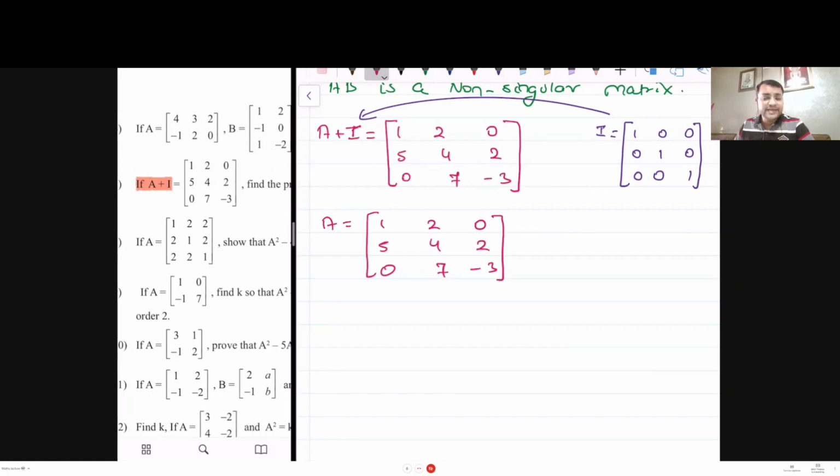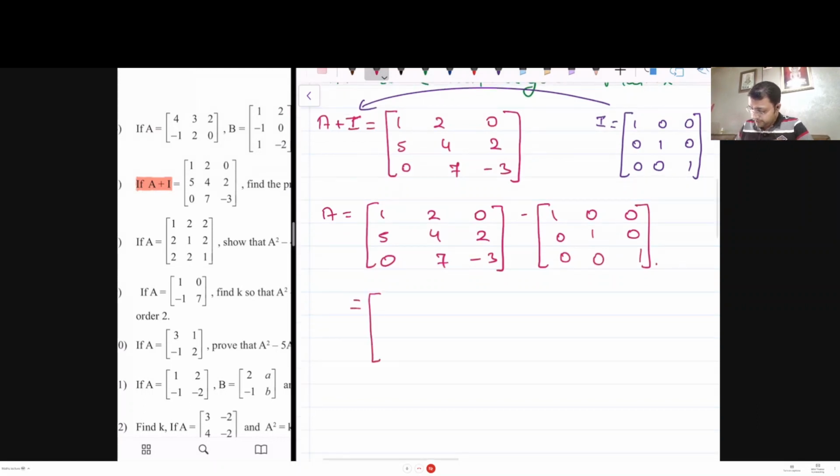Yeah, you can directly subtract I on both sides, but you cannot just do A plus I minus I on one side. You have to subtract I on both sides, then you will still get the correct answer, because in mathematics whatever we do on one side has to be done on the other side also. Correct? So that's why.